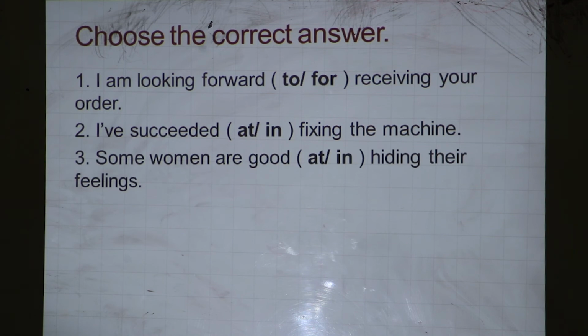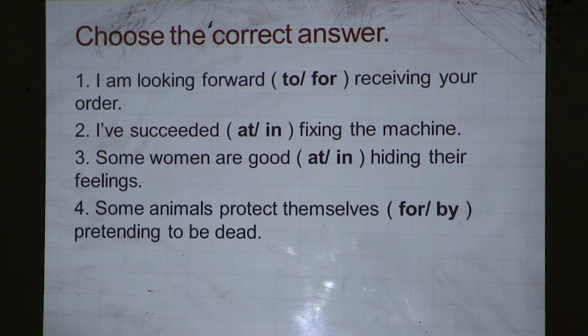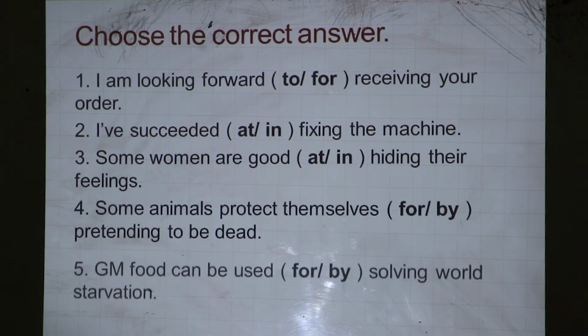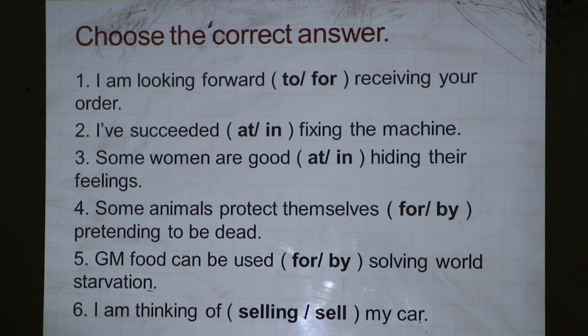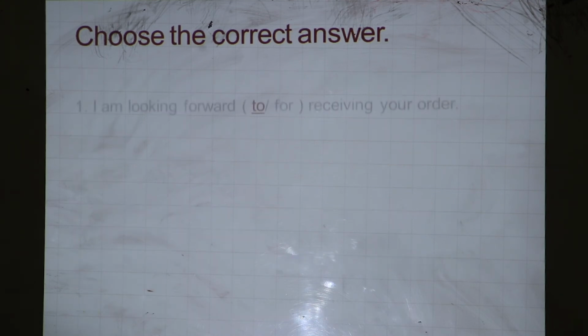Number 3, some women are good at or in hiding their feelings. Number 4, some animals protect themselves for or by pretending to be dead. And number 5, GM food can be used for or by solving world starvation. Number 6, I am thinking of selling or sell my car.